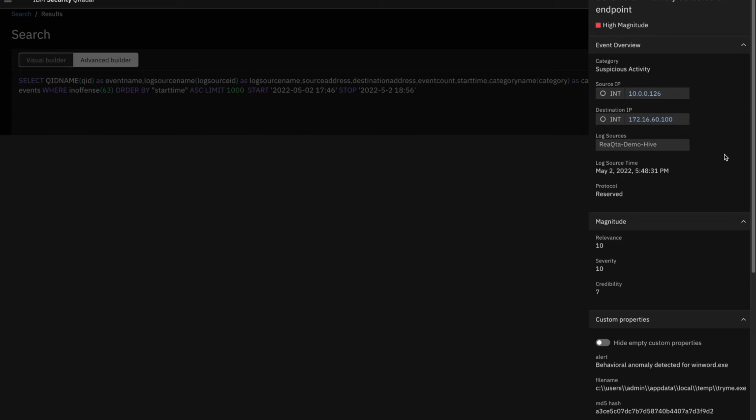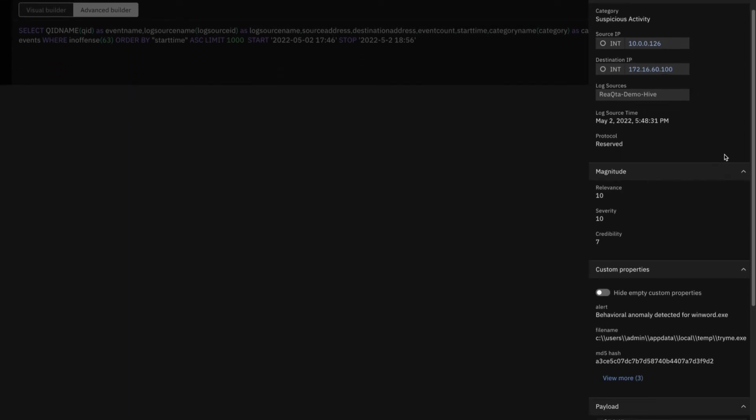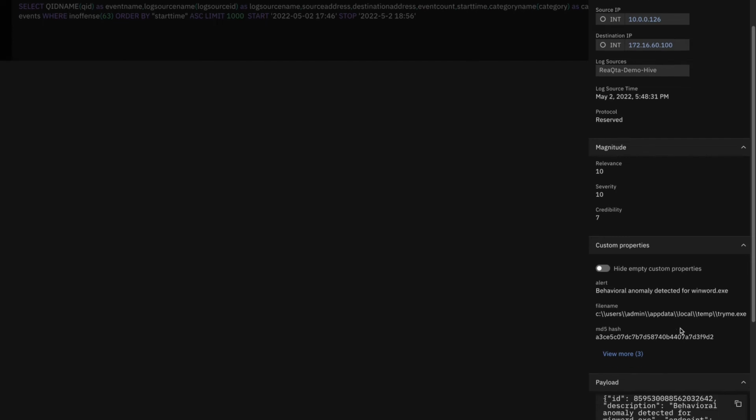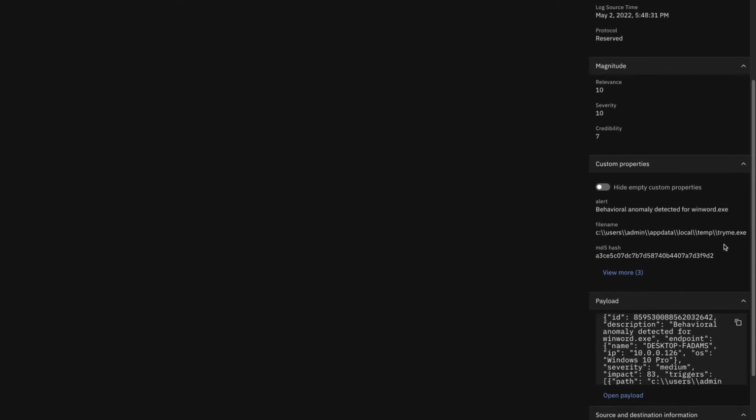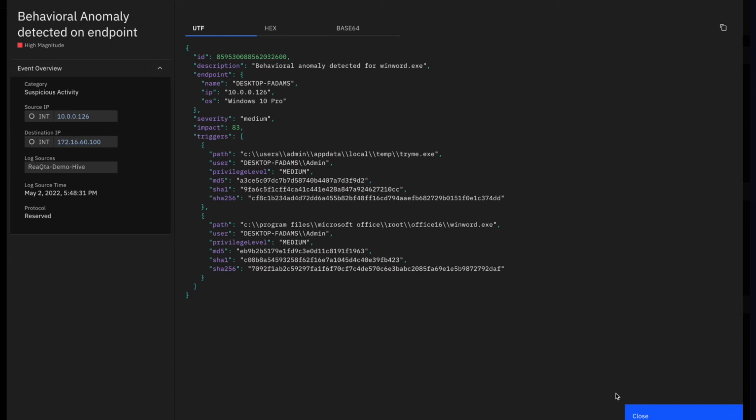With the events, we have custom properties that QRadar is able to parse. So an analyst, from a quick standpoint, is able to say, okay, I have all of the artifacts that I need, neatly pulled out. We can see we have the file name, the alert, and the MD5 hash, which QRadar is able to take from the complex payload and make very easy to the analyst's eye to see.